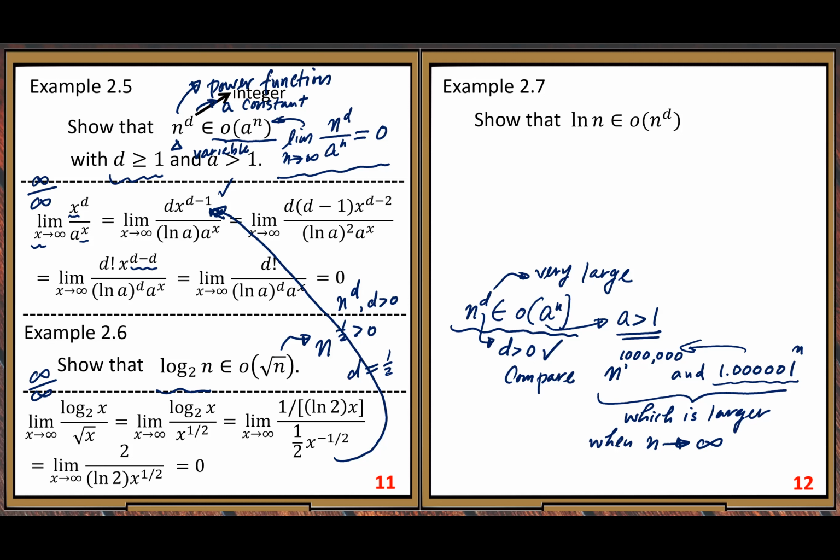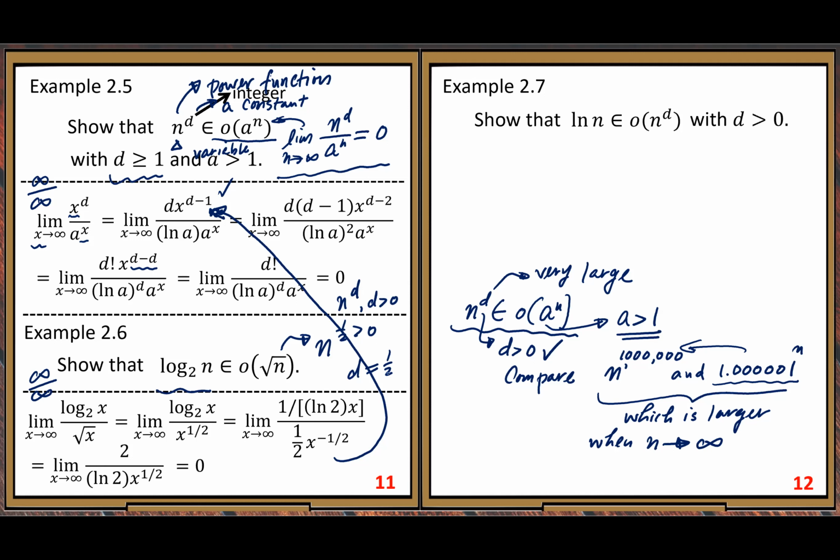So ln of n, natural log, belongs to little o of n to the d. This time, I only need d greater than 0. That's good enough. So you can imagine d could be a very small positive number, not an integer here.